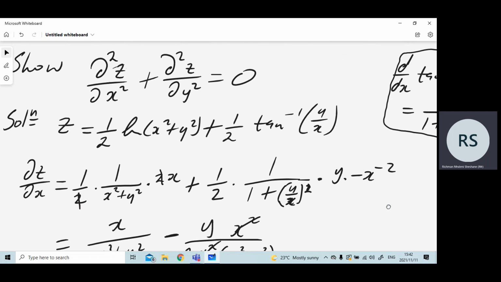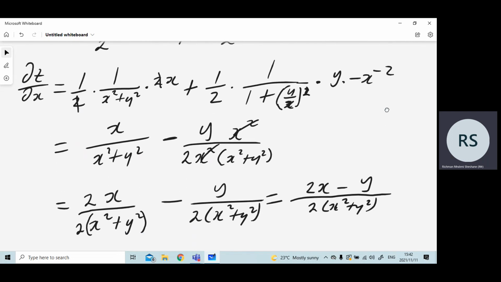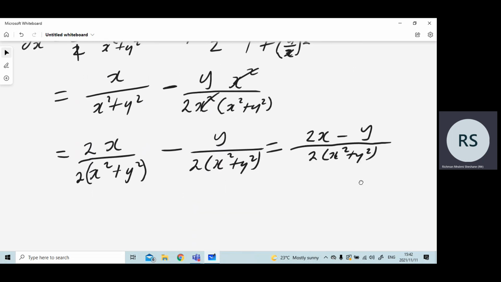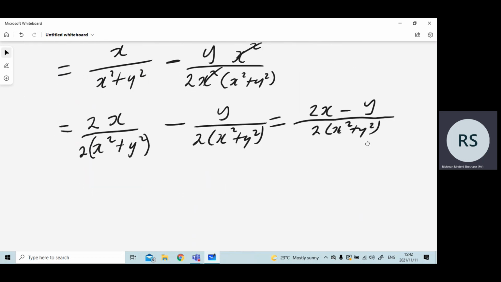Okay, we found the first partial derivative with respect to x. So I can find my left-hand side first term, which is the second partial derivative.